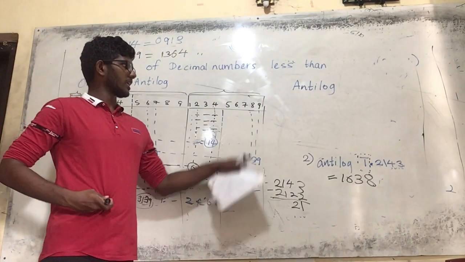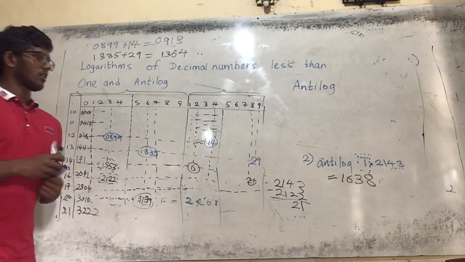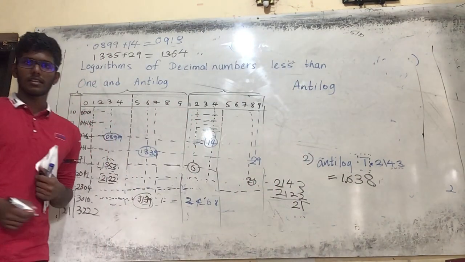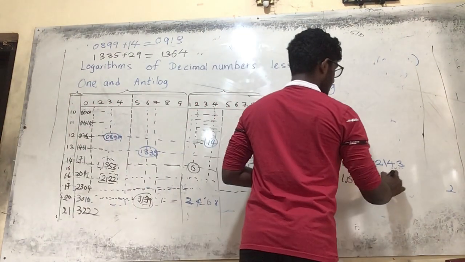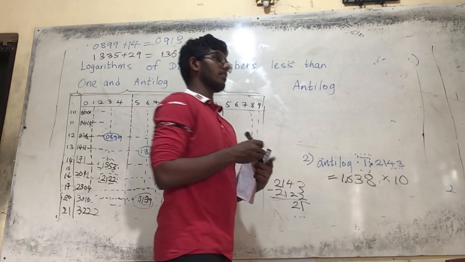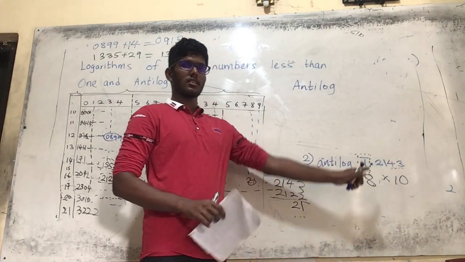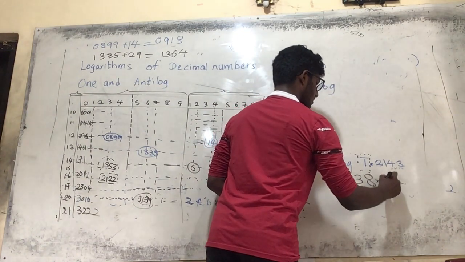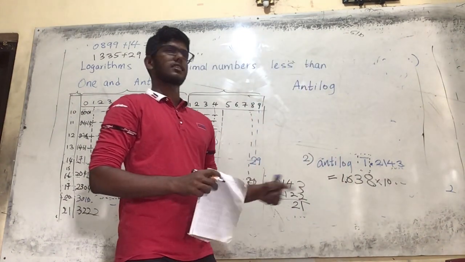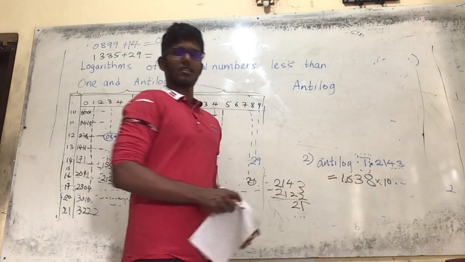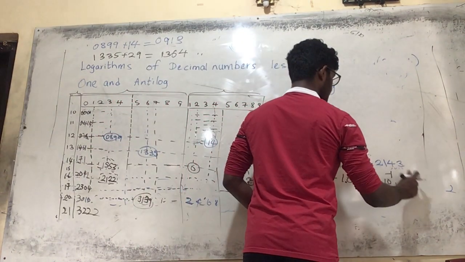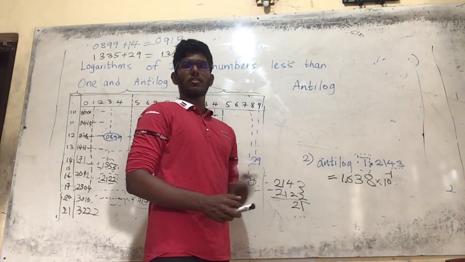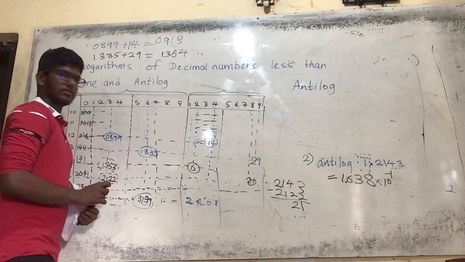You write that one, put the decimal point, put 10. Now 10 to the power. Characteristic is bar 1. Bar 1 means minus 1. So you have to put the characteristic as minus 1. Right? So this is how you get the antilog value.